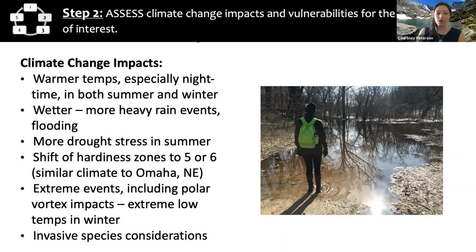There's more drought stress occurring in the summer, and the projections are that their hardiness zones are going to shift to either a 5 or a 6, which would create conditions similar to Omaha, Nebraska. They're dealing with extreme events, including the polar vortex that happened, I think it was last year, and extreme low temperatures in the winter. And then there are other invasive species considerations, including emerald ash borer.